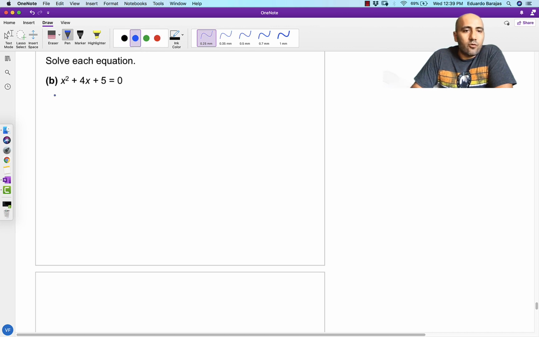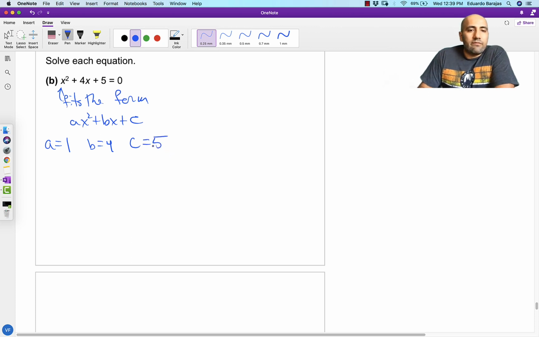So this fits the form ax squared plus bx plus c, where the role of a is being played by a 1, the role of b is being played by a 4, and the role of c is being played by a 5. Good. So it fits that form.